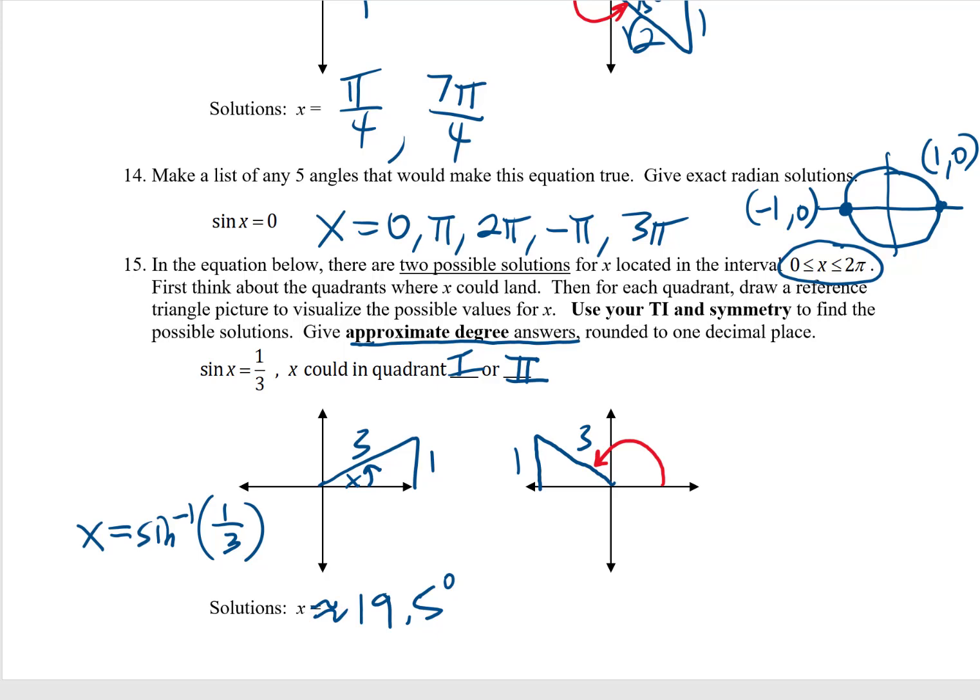What I can do though is use the symmetry of the picture. This little angle here is the same obviously as this little angle here. It's the same triangle. And we already figured out that that was 19.5 degrees. Well, to get the angle I want then, I would just have to take 180 and subtract the 19.5. And that would give me this missing angle.